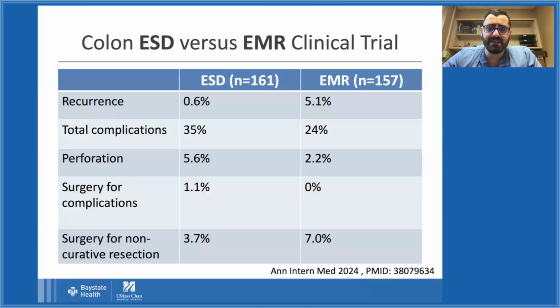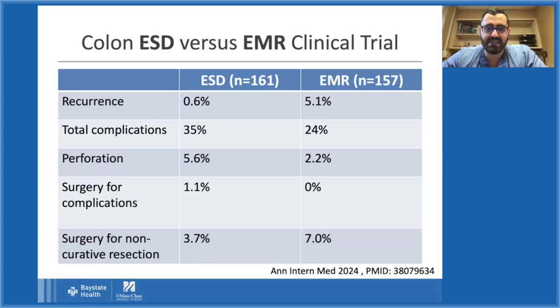And then surgery for complications was not required in many patients, only 1% in the ESD group. However, surgery was needed for incomplete resection in the EMR group in 7% versus 3 or 4% in the ESD group. So as you can see here, both techniques are good.